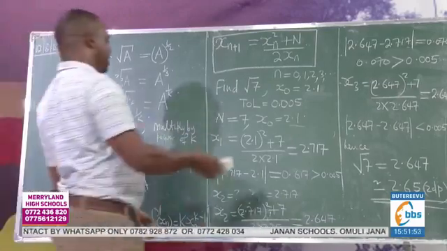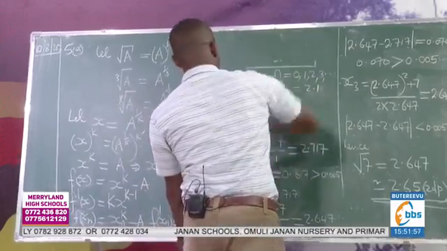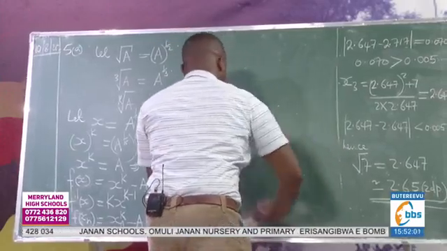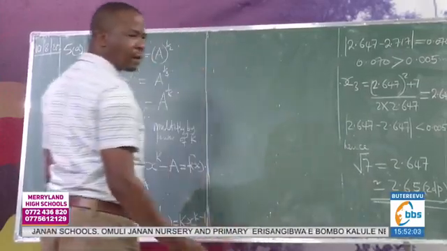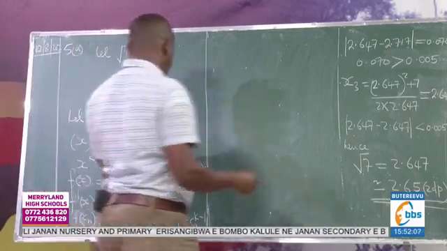What follows next is a substitution in the general formula, and like I told you, in a minute or two we shall be done, because it has just one step.